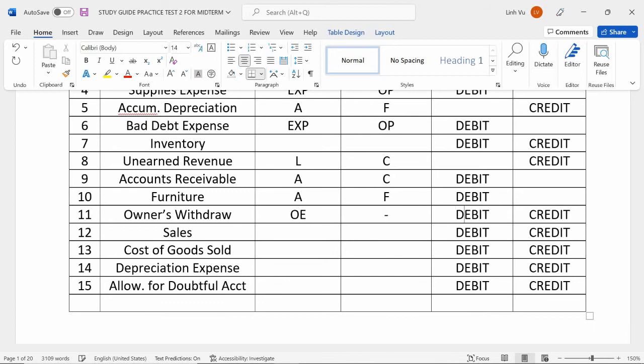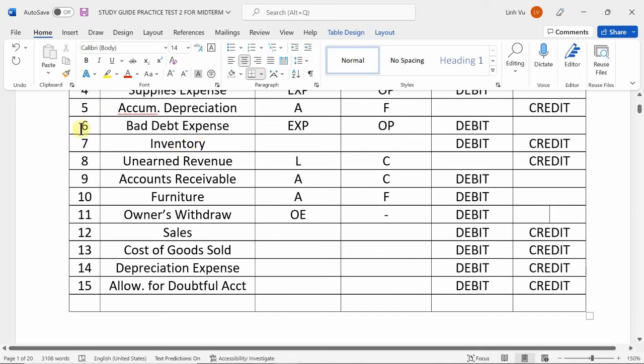Okay? And because it decreases owner's equity, it's going to have a debit balance, because normally you would credit owner's equity if you're trying to increase it, but this account right here is going to decrease it. Okay?